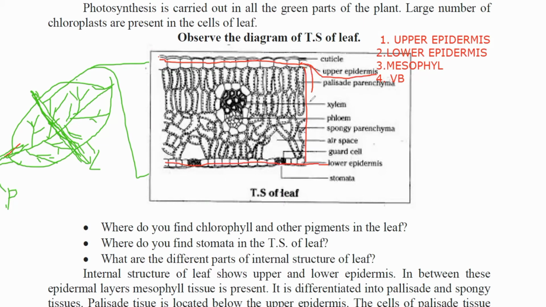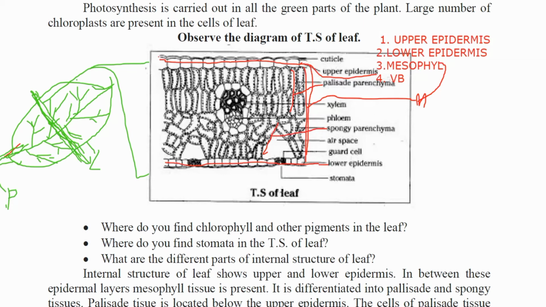The mesophyll has two parts: palisade parenchyma from here to here, and spongy parenchyma from here to here.